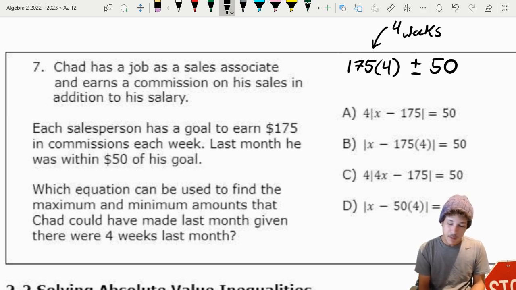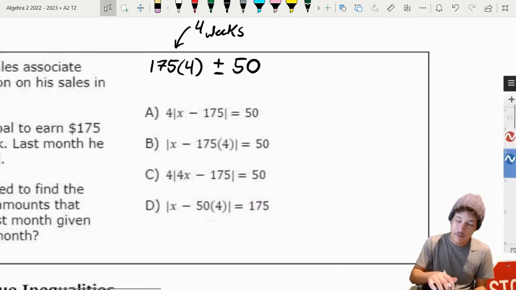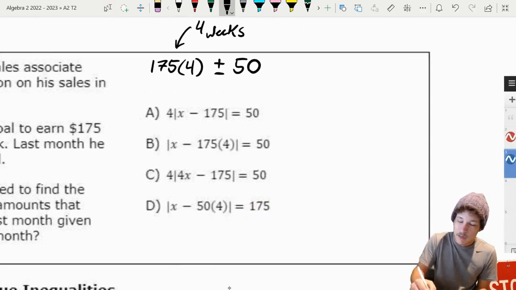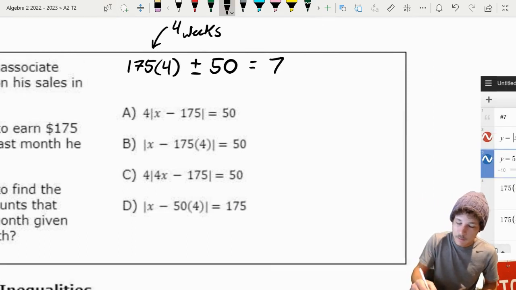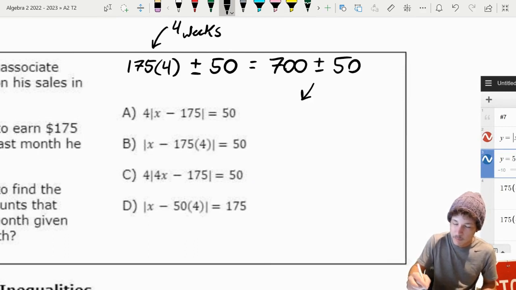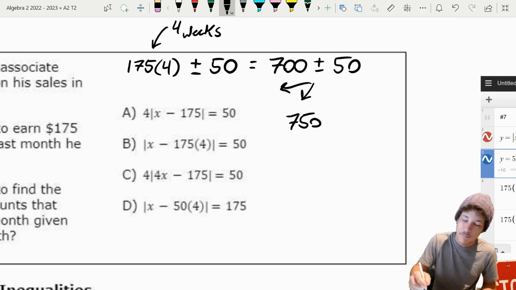Let's see. The maximum and minimums, well, we already know. It's either 175 times 4 plus 50. Let's see, 175 times 4. It's going to be $700 plus or minus 50, which leads us to 2 different outcomes. We either have 750 on the high end, or on the low end we have 700 minus 50, which is 650.